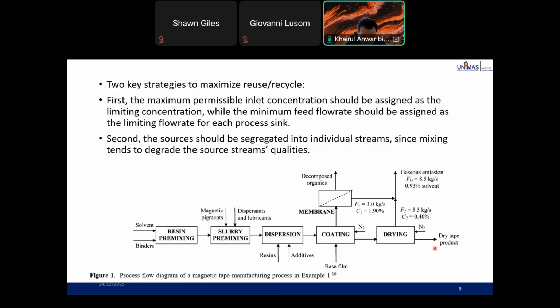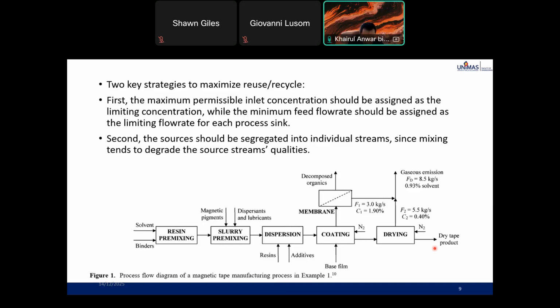First, the maximum permissible concentration should be assigned as the limiting concentration, while the minimum feed flow rate should be assigned as the limiting flow rate for each process. Second, the sources should be segregated into individual streams, since mixing tends to degrade the source stream quality.